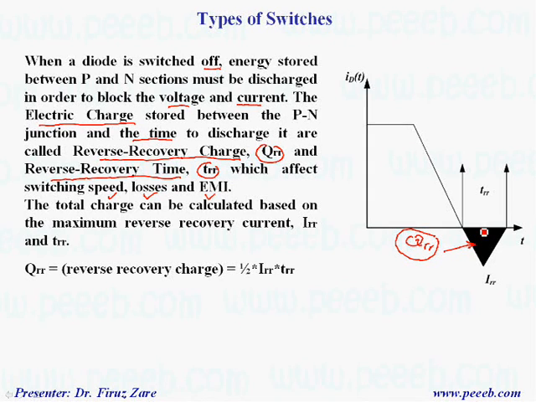If this is the peak of current, which is called IRR, the maximum reverse recovery current, then this area equals current times time, which is this side of the triangle, divided by 2. And in this way we can calculate the reverse recovery charge.